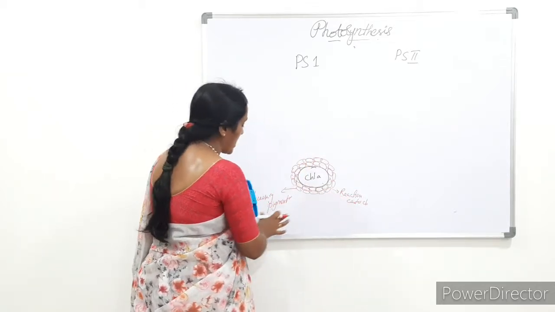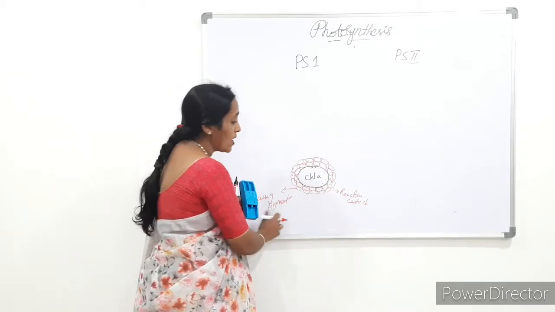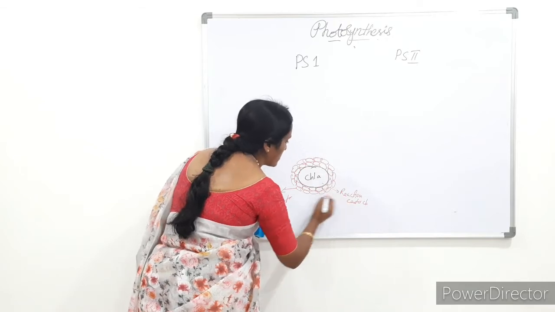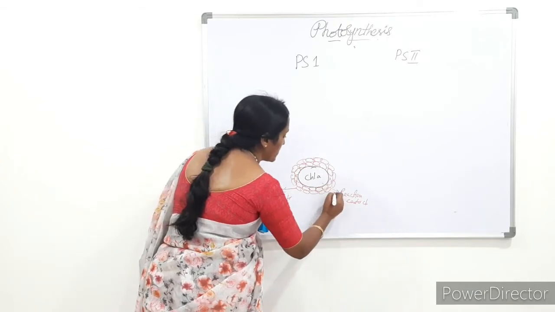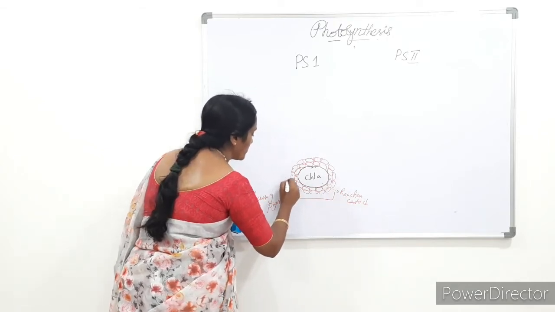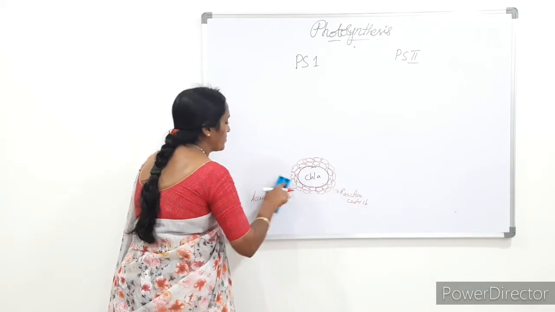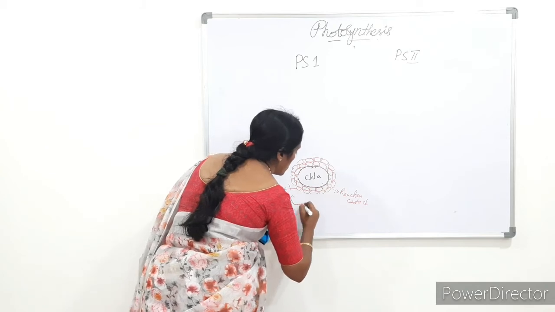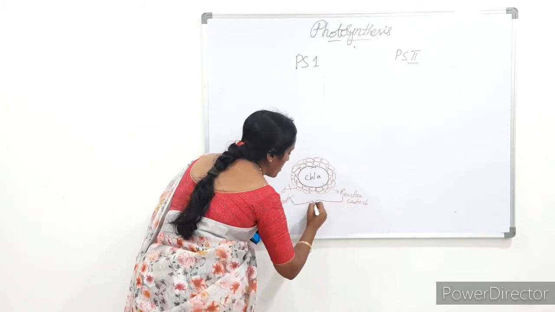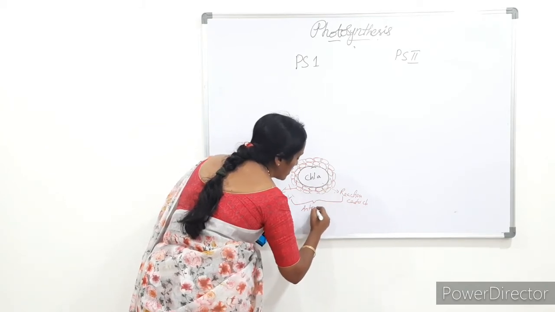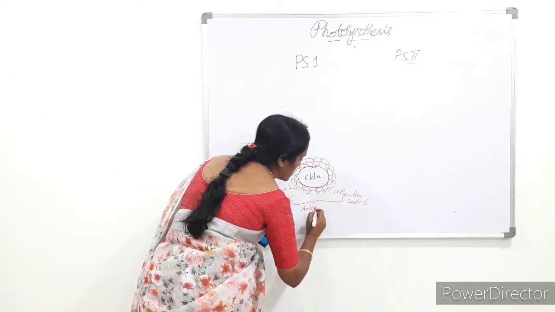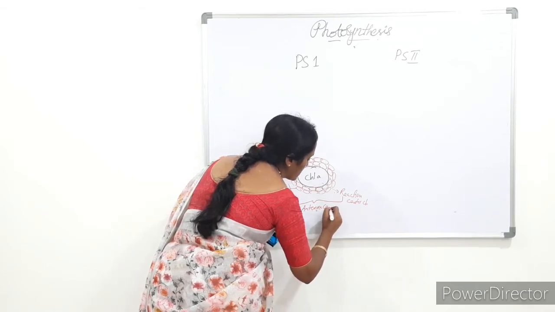Together, the reaction center and accessory pigments are called the antenna complex. I'll write it here. These together are called the antenna complex.